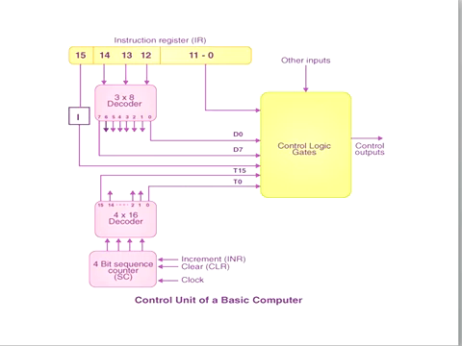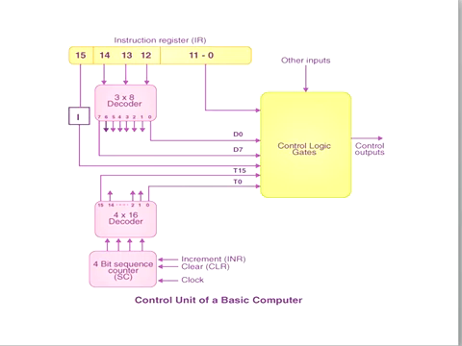The first clock pulse is T0. After the T0 execution, it moves to T1. At that time the increment is enabled, and it will increment the timing signal: T0 to T1, then T1 to T2.